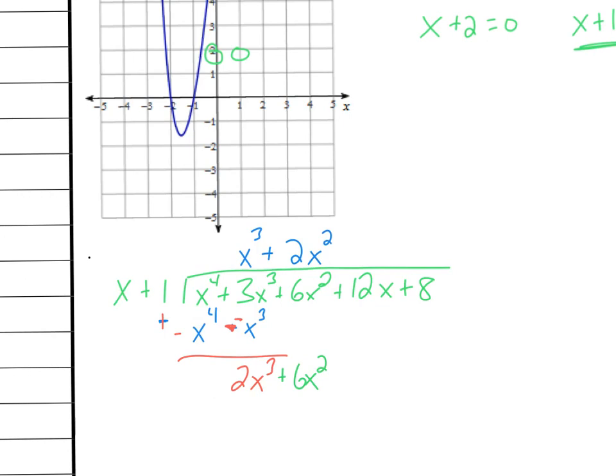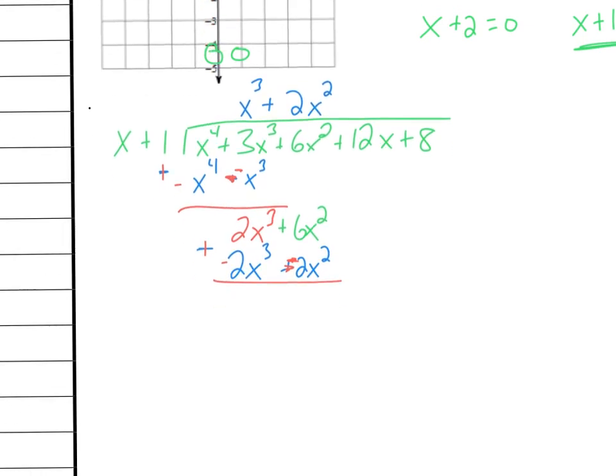And multiplying to get the 2x squared, that gives us our 2x cubed. And then 2x squared times 1 is just our 2x squared. Again, we don't like subtraction, so we're going to switch the signs. All right, scribble that out. Subtract. Now it works. This thing's hilarious.